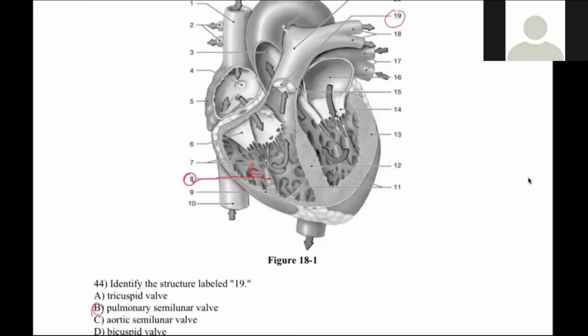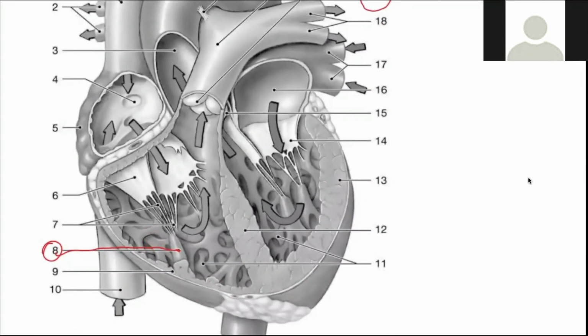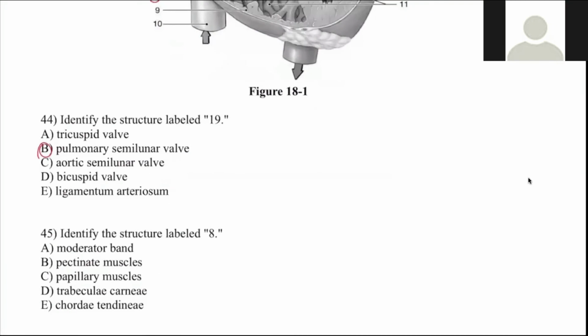I know that's the chordae tendineae above it, going down. Can I see the options? I think it's either C or D.